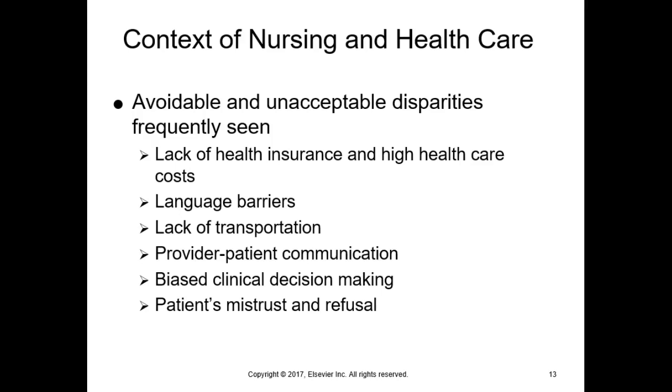So now let's think about how we want to apply the concept in our nursing care within our scope of practice. Some of the things that we want to think about is things that are going to be avoidable, and then those unacceptable disparities that we see a lot. So some of those can be the lack of health insurance and high health care cost.